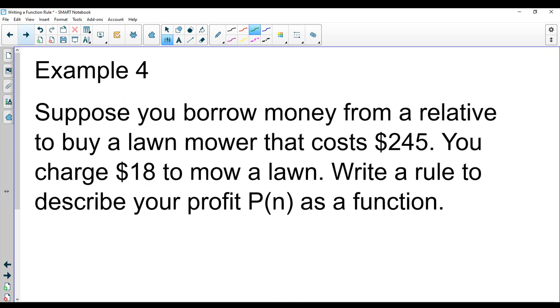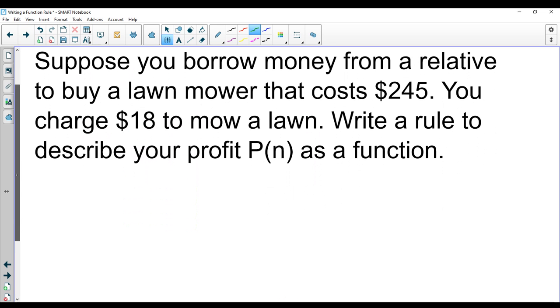All right, last one. Suppose you borrow money from a relative to buy a lawnmower that costs $245, so keep that in mind. You charge $18 to mow a lawn. Write a rule to describe your profit. So let's talk about profit for a second.